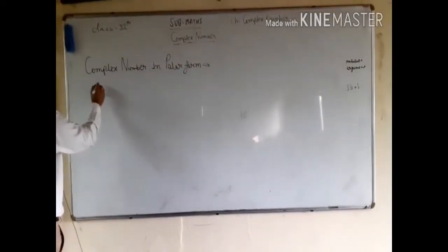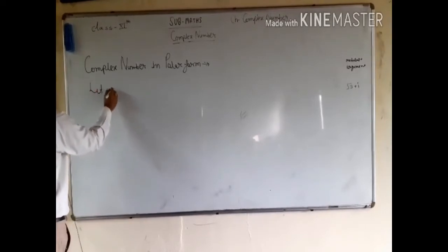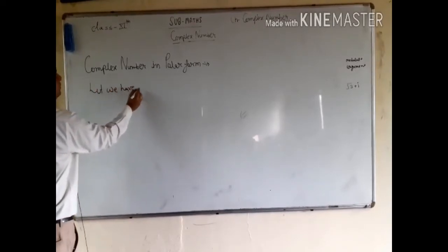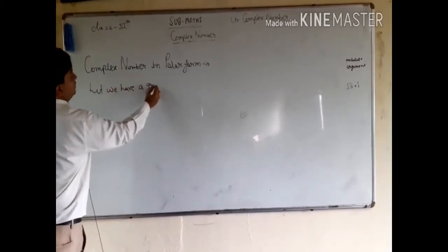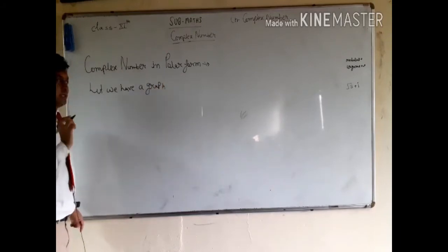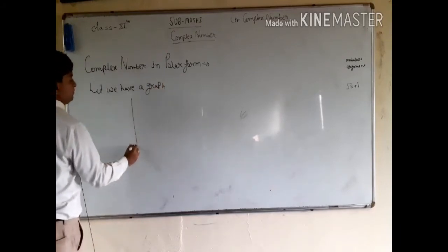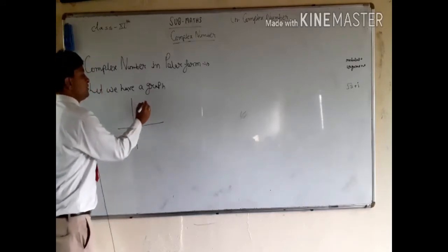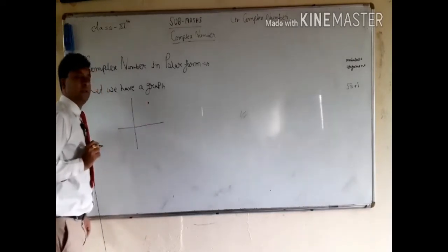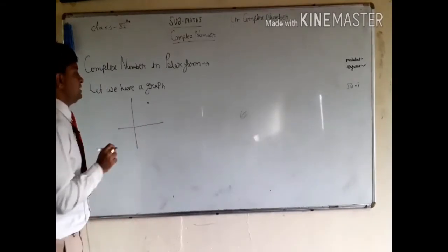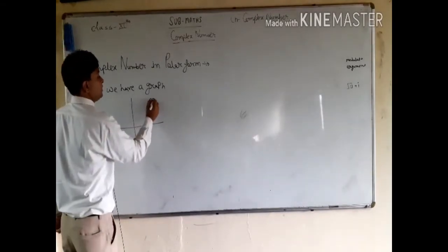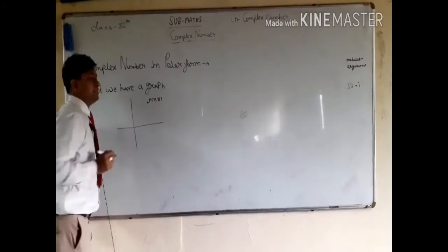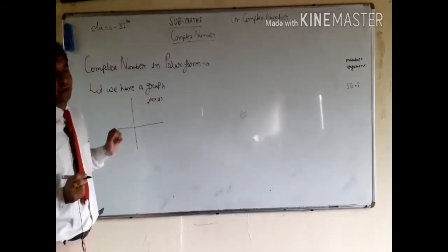Okay, let we have a graph. The graph is, this is the graph. This is 1 point. The coordinate of P is xy. This is a point on the graph.